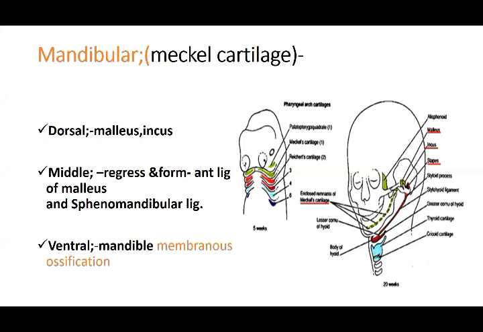Then we come to the ventral end, just near the front end of the Meckel's cartilage. This Meckel's cartilage finishes off, and the mandible is formed completely by membranous ossification, because cartilage does not contribute to the formation of the mandible. It is just contributing to the malleus and incus.